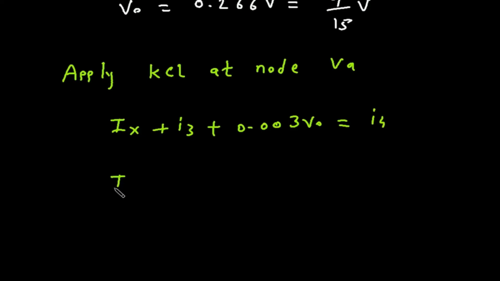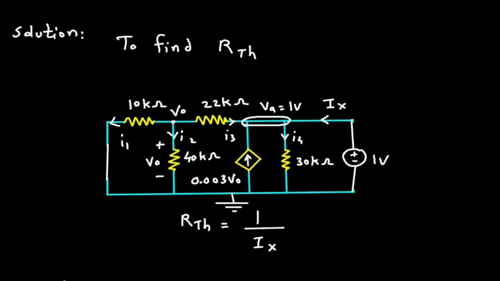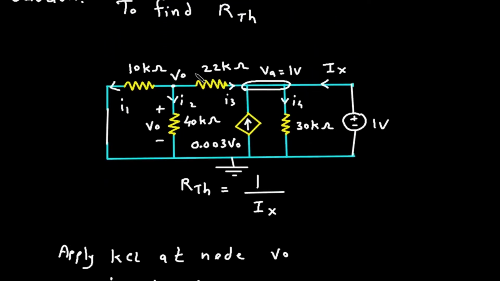So this Ix as it is plus I3. Now I3 is VO minus 1 by 22,000.